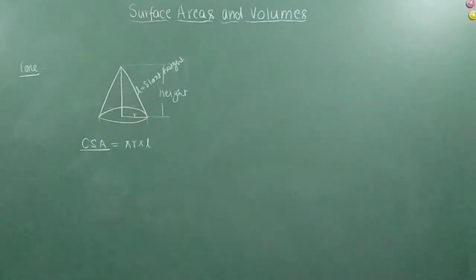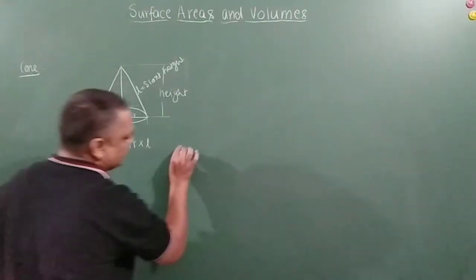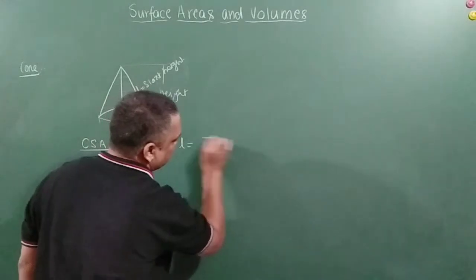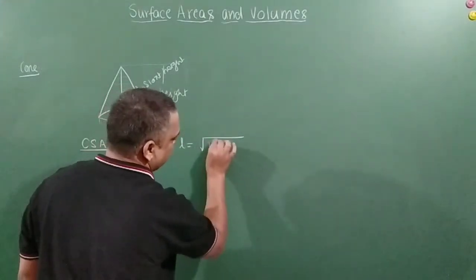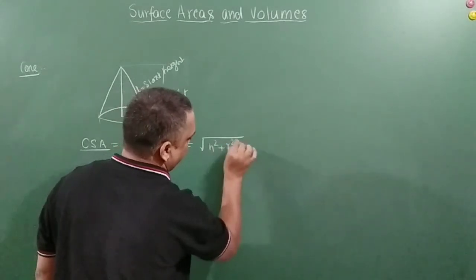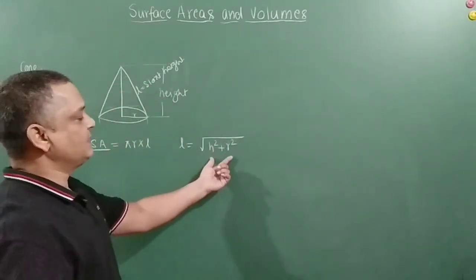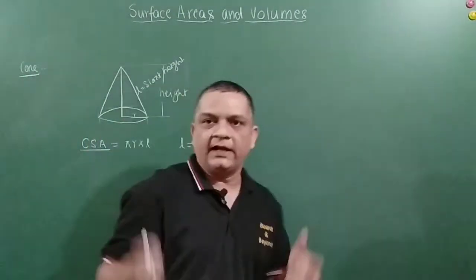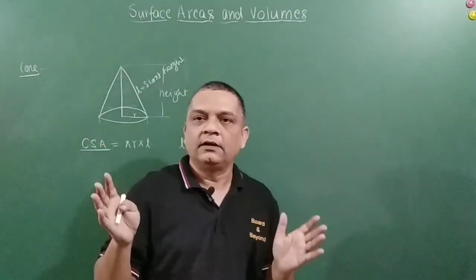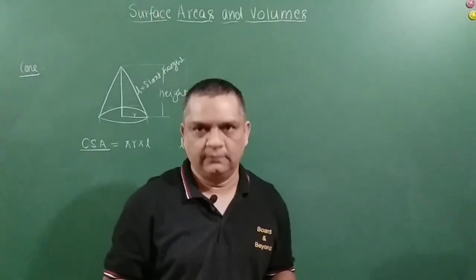Correct, friends? So curved surface area is pi r l, where L is the square root of h square plus r square. That means height square plus radius square.